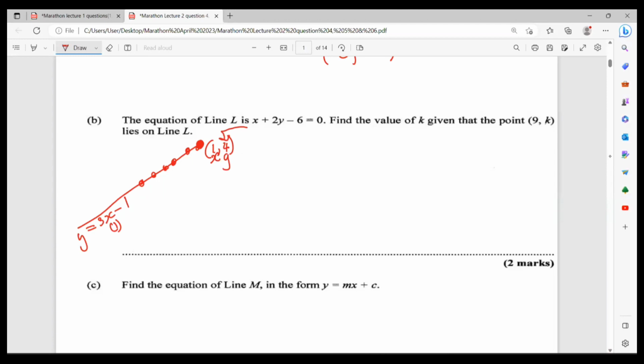As long as the point is on that line, if you take the x value and plug it where x is and work out the maths, it's going to tell you the y value. And vice versa, if you take the y value and put it in, you can find the x value. As long as it is on the line, you'll get the truth. If it is not on the line, you won't get the truth. So they are telling us now that this point is on the line.